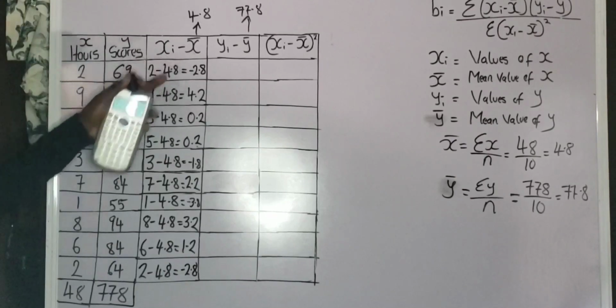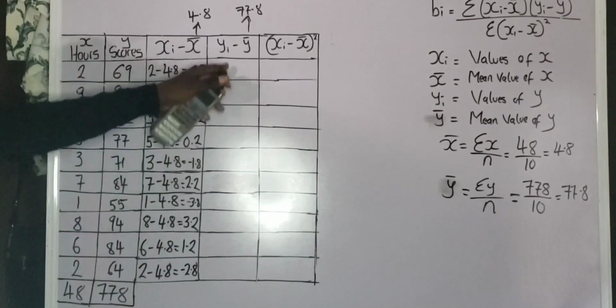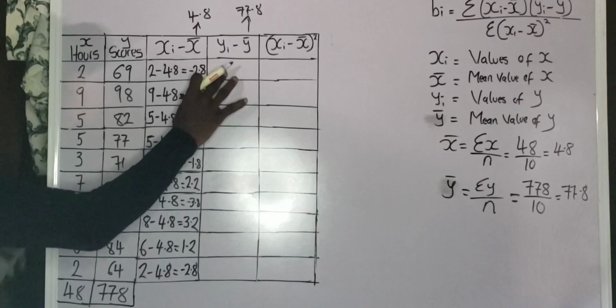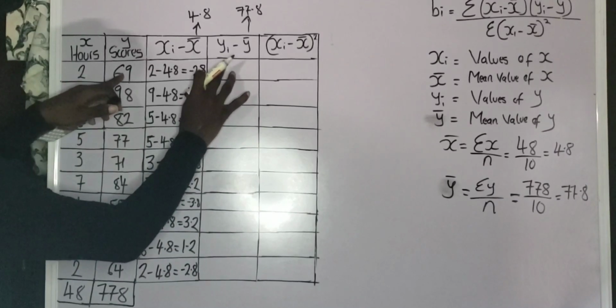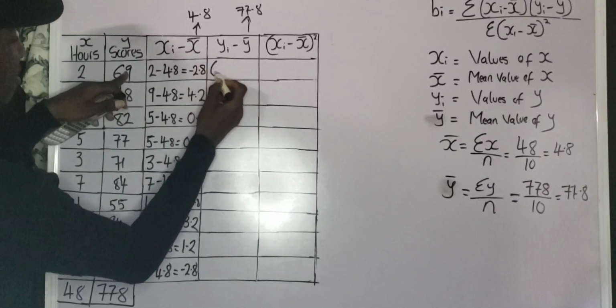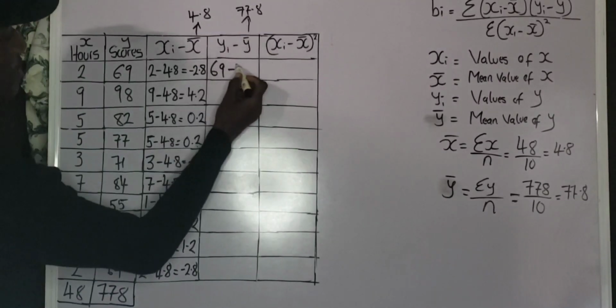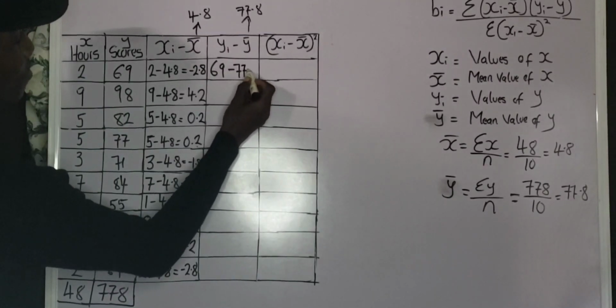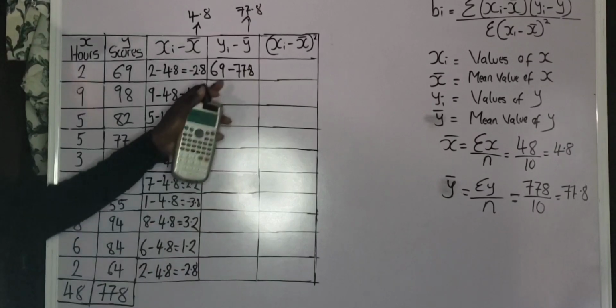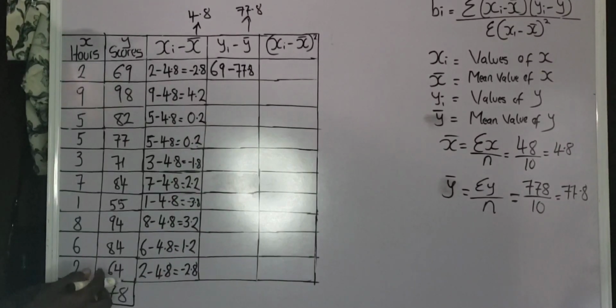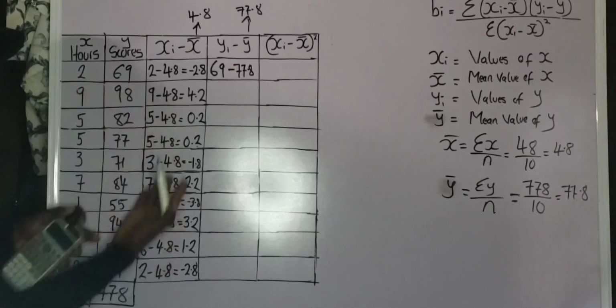So do you understand how I got the values for these cells? We are going to do the same for y. For the value of y in these cells, I'm going to have 69 minus the mean value of y, which is 77.8. I won't be able to show the solution for this one because the value here is bigger. I just want you to understand, that's why I showed how I got these values.